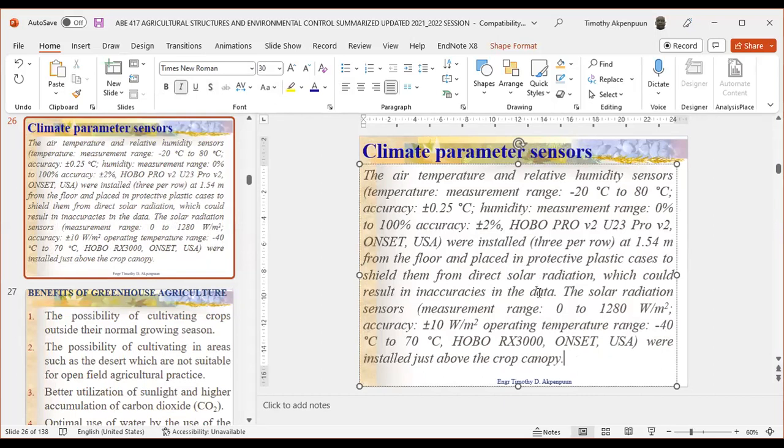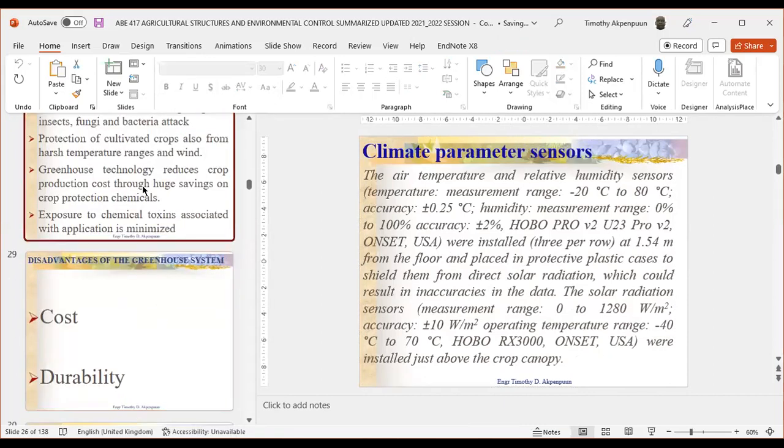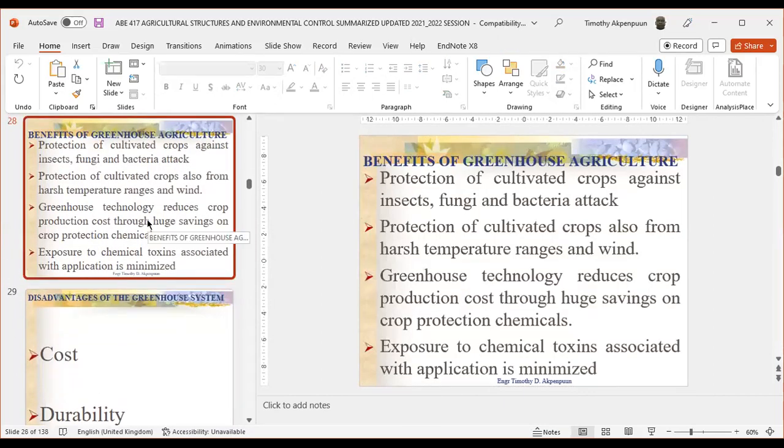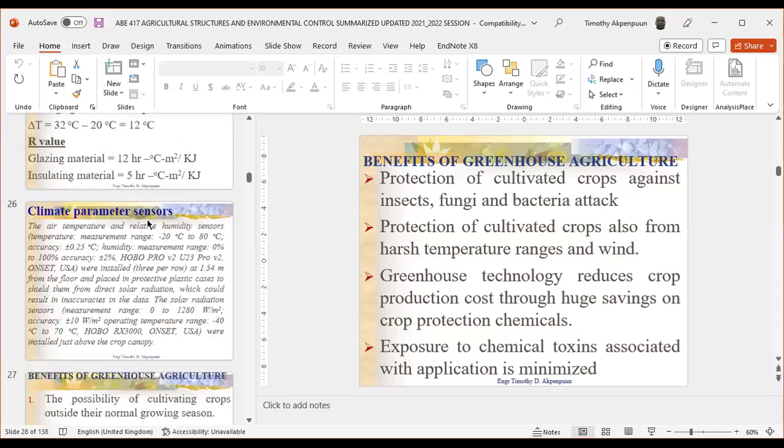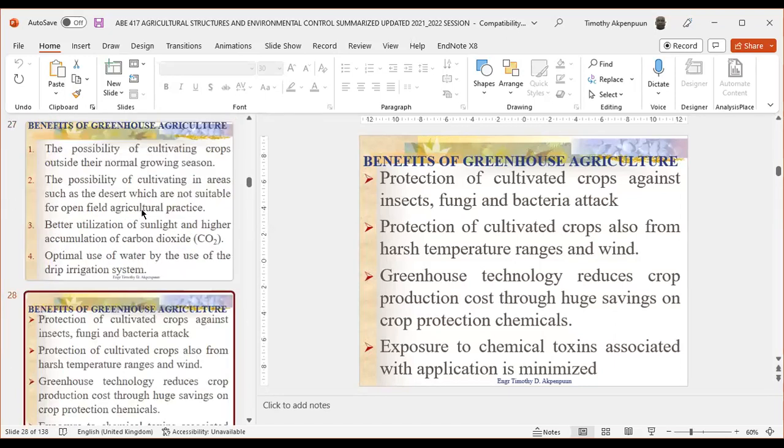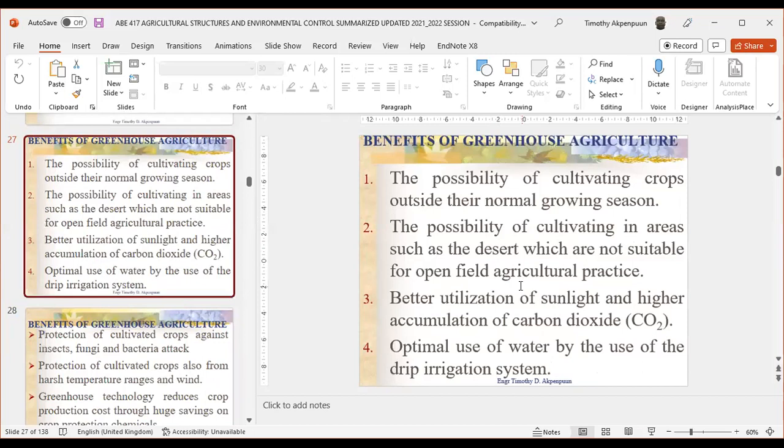You're not answering this in the way I want, but that's your own answer anyway. Okay. Wait. It says better utilization of solar radiation and higher accumulation of carbon dioxide.